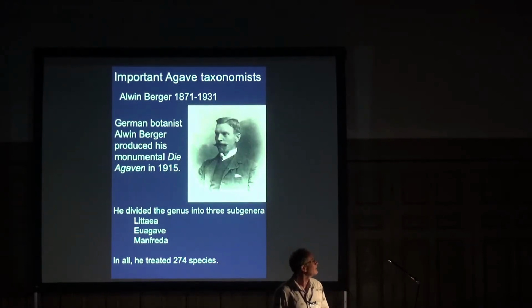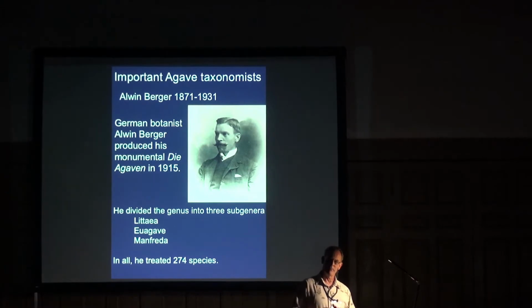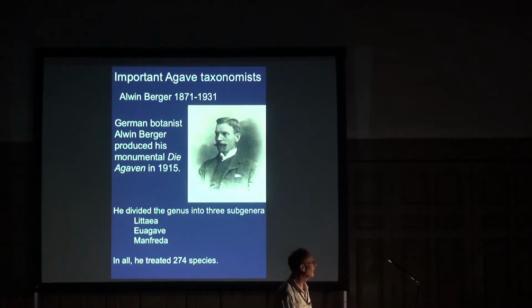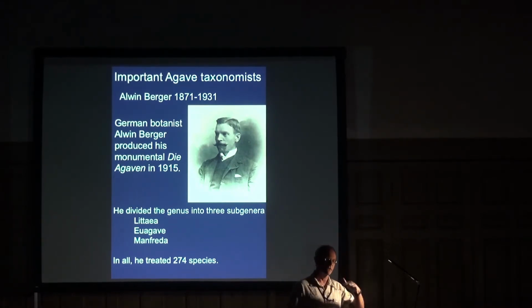The next guy along was Alwin Berger, and he did a monograph in 1915 called Die Agaven. I don't read German, but with the help of Google Translate, you can pretty much get through most of what he talks about. But he divided the genus into 3 subgenera. So this is the first instance of dividing a genus into subgenera.